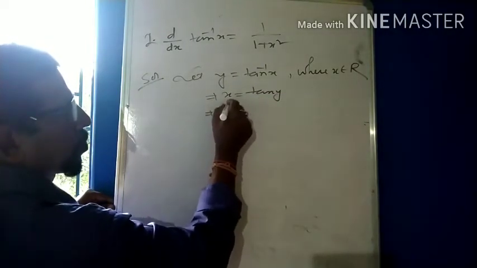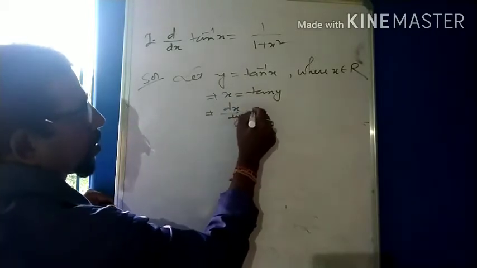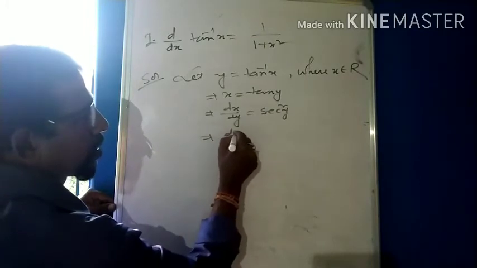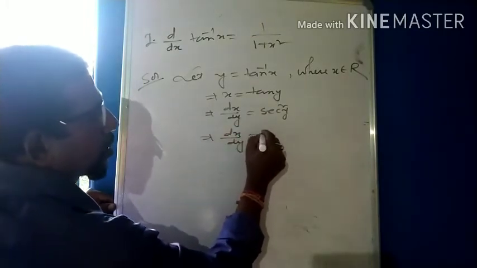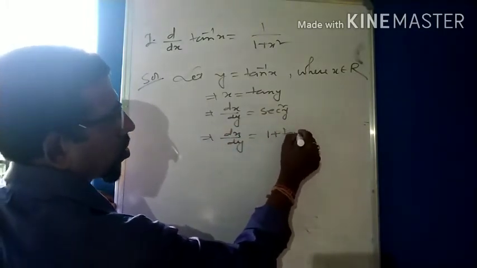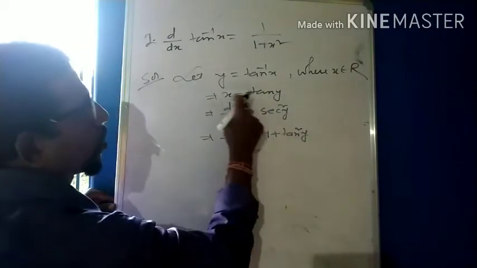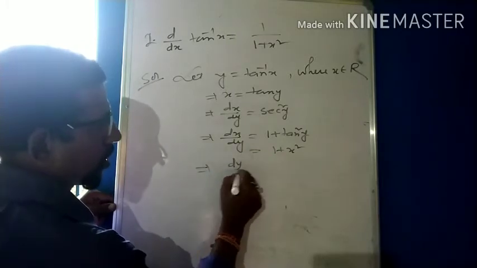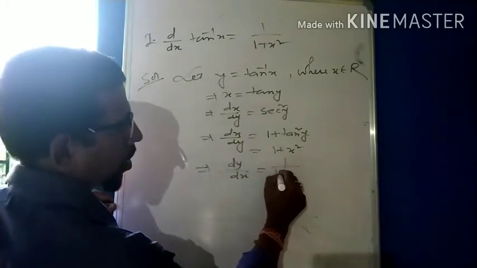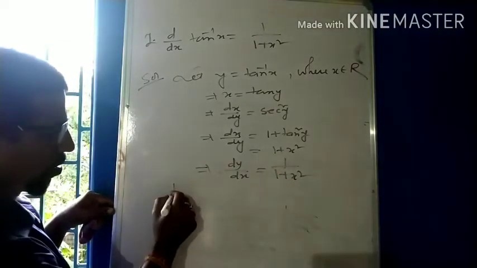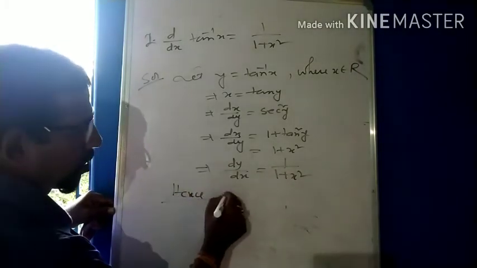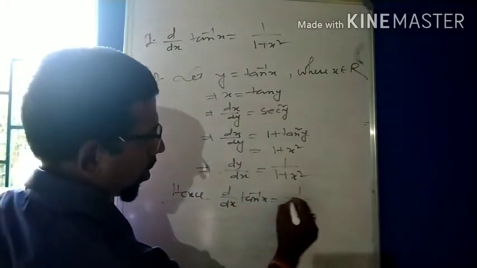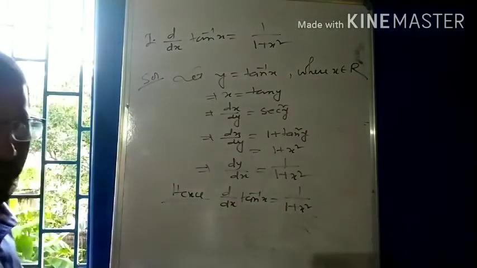If you differentiate with respect to y, dx by dy of tan y will be sec square y, and sec square y is nothing but 1 plus tan square y, and tan y is x, so 1 plus x square. If you take the reciprocal, dy by dx will be 1 by 1 plus x square. So hence, differentiation of tan inverse x will be 1 by 1 plus x square.